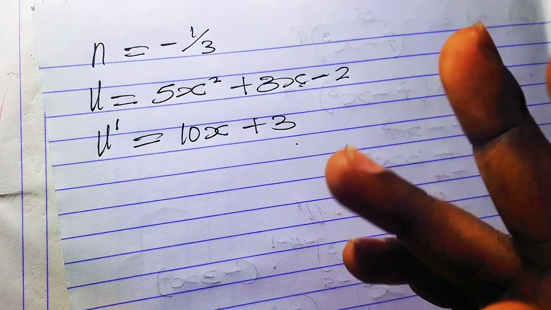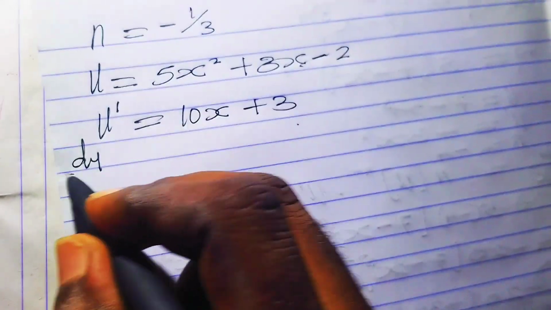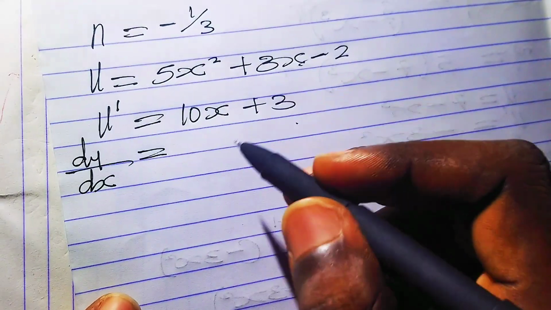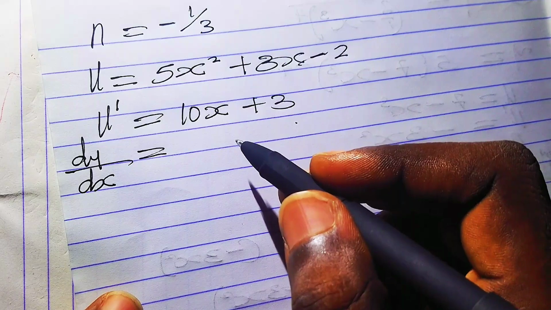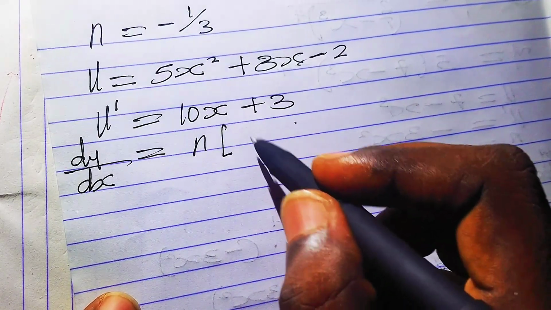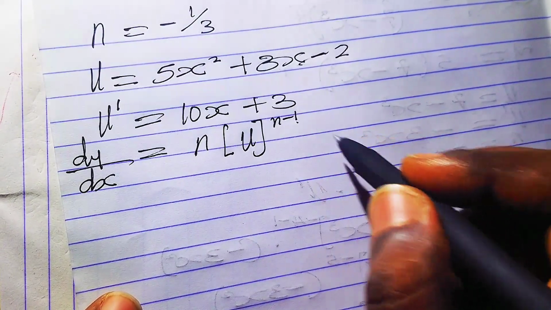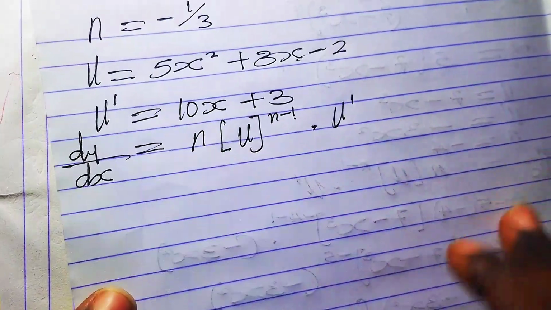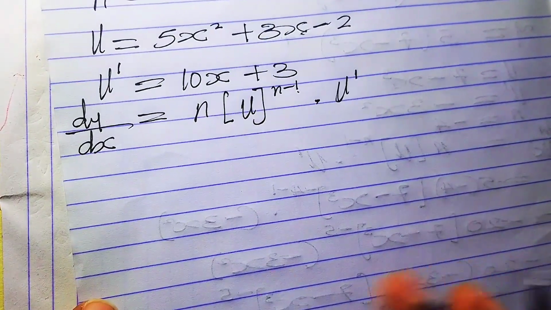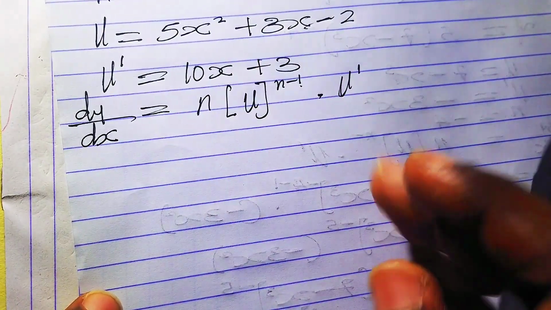Okay, and then we can apply our chain rule. That means dy/dx is going to be n in the bracket, u raised to the power of n minus 1, multiplied by u prime, the differential value of u. And therefore, we can simply substitute into what we have.